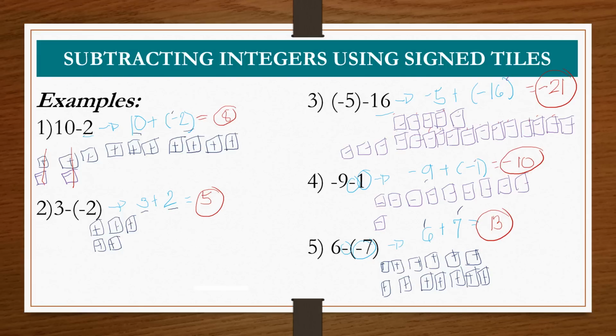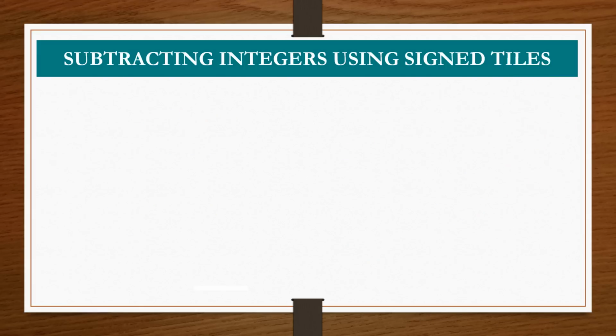Next is number 6. Let's continue with example number 6. So we have negative 2 minus 2. Again, we rewrite. We copy the minuend, negative 2, and then the operation will become addition, and positive 2 will become negative 2. And then we can use sign tiles.